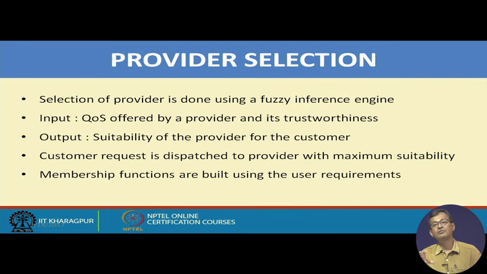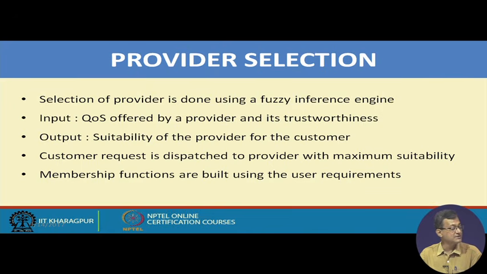On the other side we have the customer's or user's requirement, right. And this fuzzy inference engine takes care of considering these two and finally gives an output of which should be the best provider for this particular customer. That is the goal of finding a suitable provider in a cloud marketplace, right.